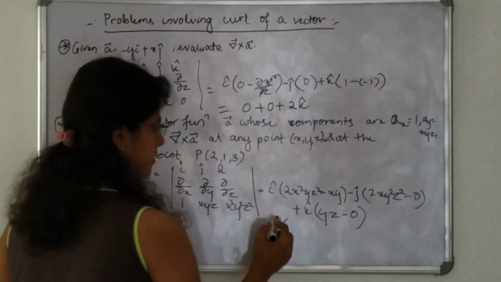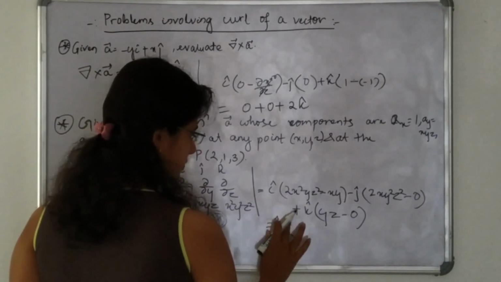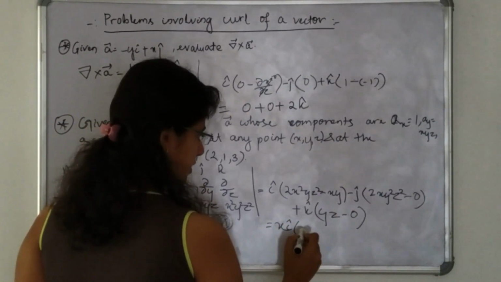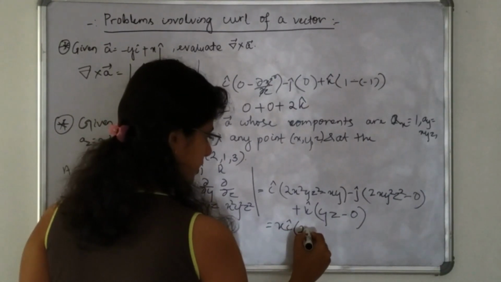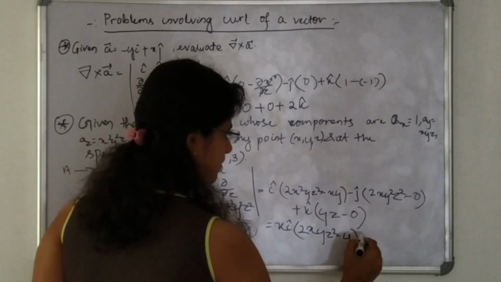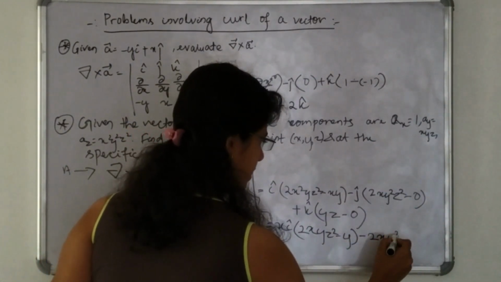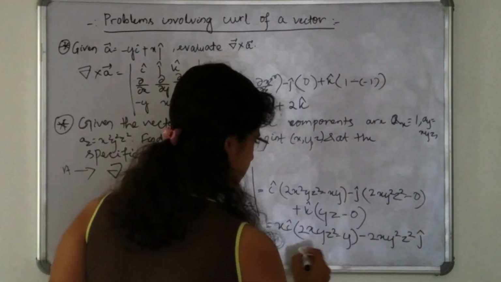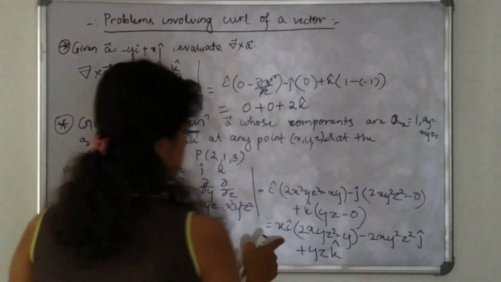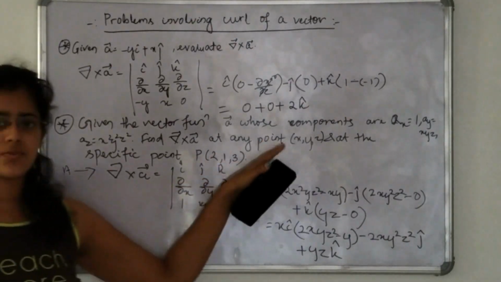So if we take common, it is going to be i cap in the bracket 2x square y z square minus xy, minus 2x y square z square j cap plus yz k cap. So it is the answer of curl of A vector at any point x, y, z.